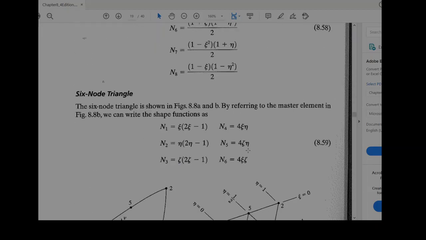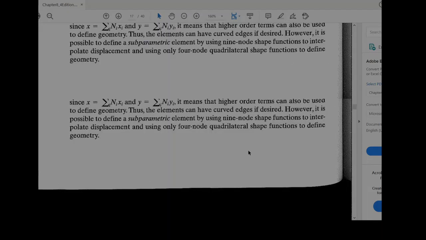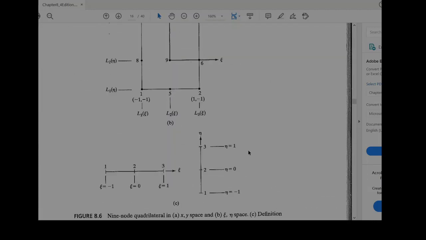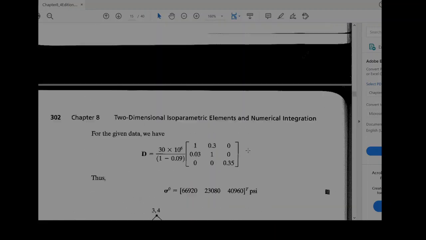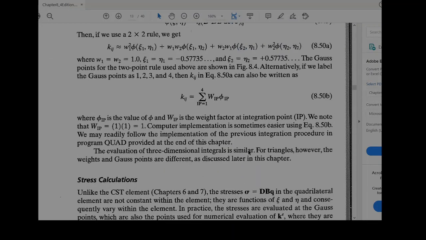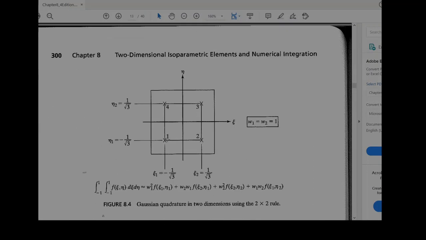But our saving grace, when things become a little bit degenerate, is that we only evaluate all those Jacobians at the Gauss quadrature points. As long as things are well defined there, because we only evaluate that whole expression for the stiffness matrix at these points, we're fine. But technically, the Jacobian might become singular, so it might not exist. It might become 0, so 1 over the determinant of the Jacobian would be infinity.